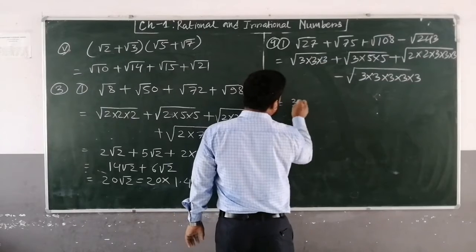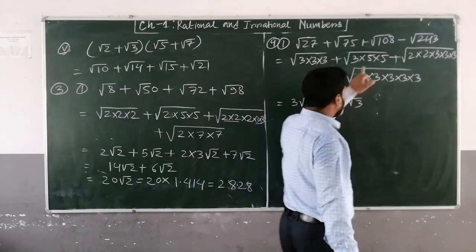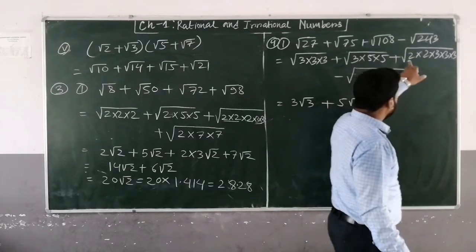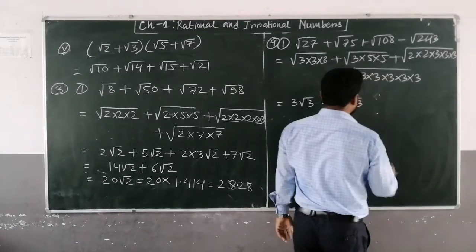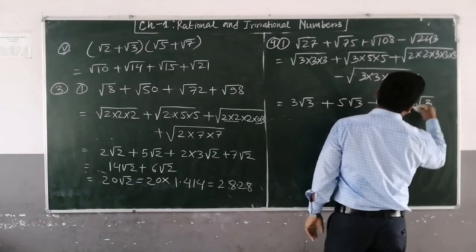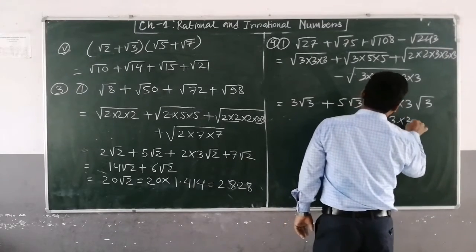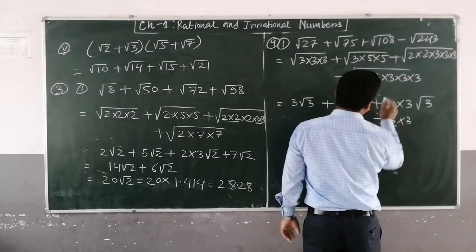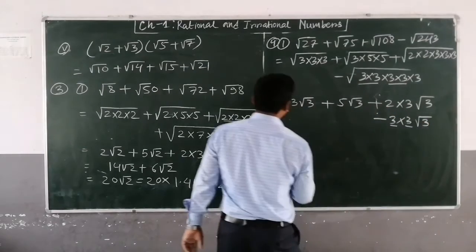So this will be obviously 3 root 3 plus 5 root 3. For 2 5s, 1 5 will come outside, and here for 2 2s, 1 2 will come outside, for 2 3s, 1 3 will come outside. It means 2 and 3 will come outside, and under root 3 minus 3 into 3. For this 2 3s, 1 3 will come outside, for this 2 3s, 1 3 will come outside. So this is root 3.